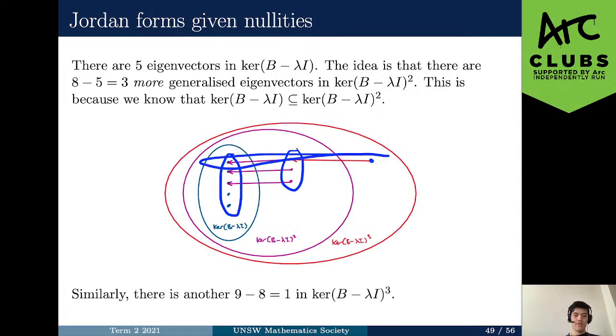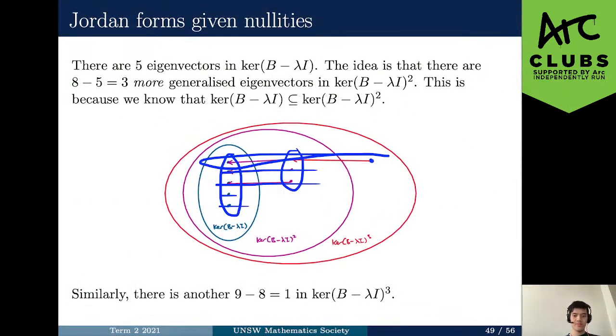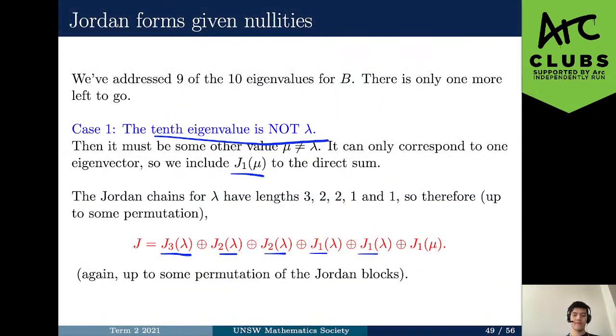And then we have 2 other ones that have two vectors and 2 other blocks with 1. So that's why we have one of them that has 3 vectors, 2 of them that have 2 vectors, and 2 of them that have 1 vector. And then this one is for the other eigenvalue we have.